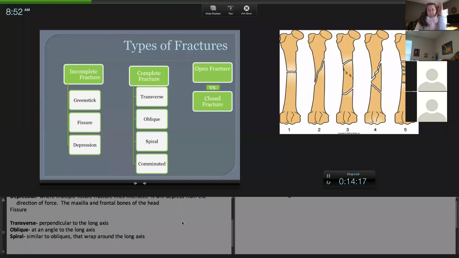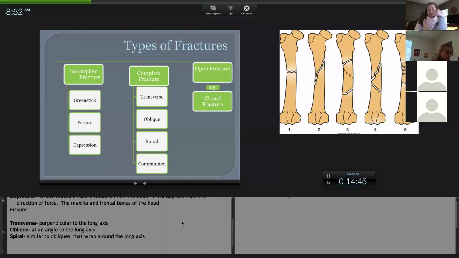Oblique is on an angle. So an oblique fracture is going to be a fracture through both sides, but the crack that we see is on an angle. Spiral is a little bit harder, because normally when we take x-rays, we always take two views. We take a lateral and we take an anterior view. If you compare, you'll see that it starts and it almost cracks along the bone in a spiral fashion.